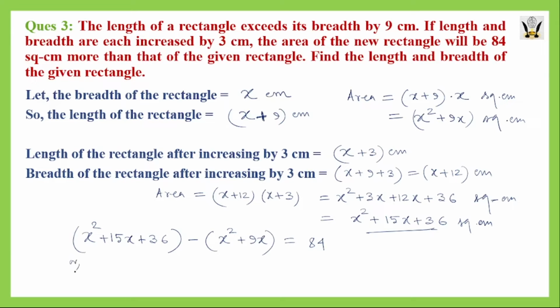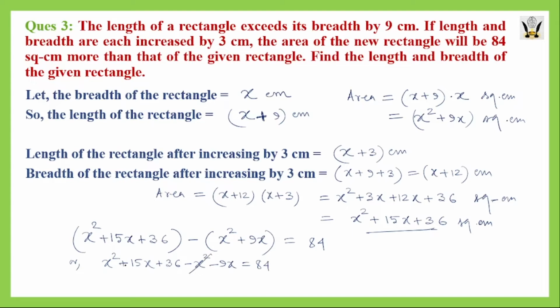Now if we simplify further, though apparently it looks like a nonlinear equation of x, let's simplify this and see what the form of the equation finally is. So it will be minus x square, then minus 9x, and that will be equal to 84.